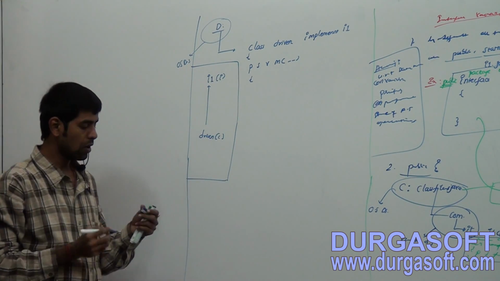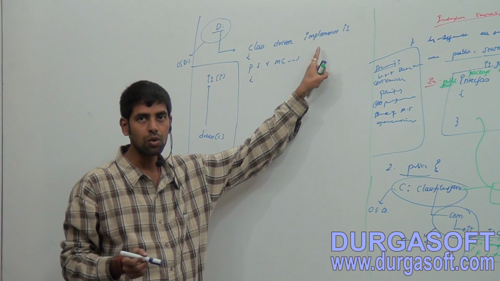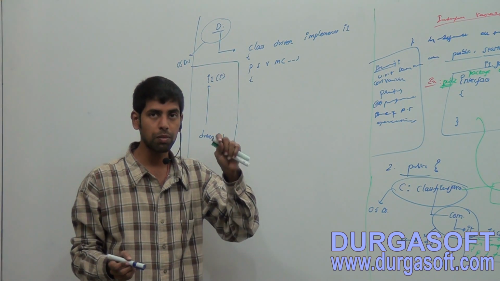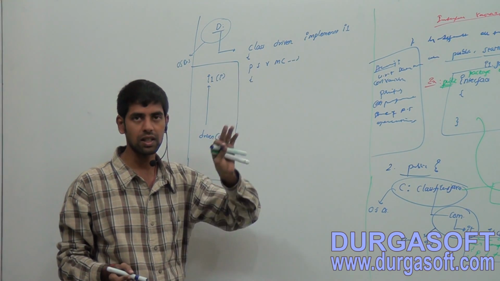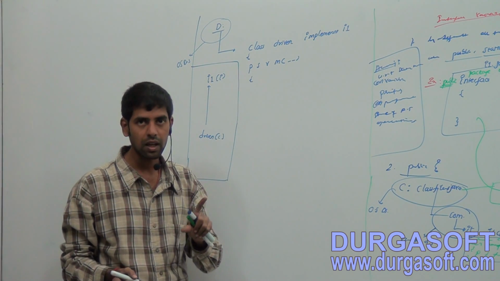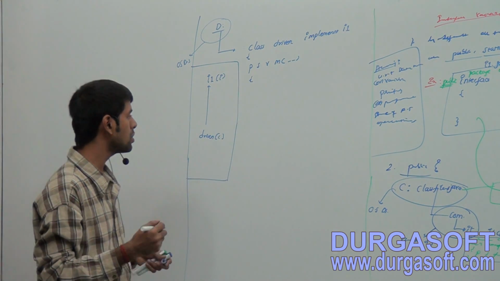With respect to an interface, you have to put implements. With respect to a class or abstract class, you have to put extends, if you want to make a particular class a child class.